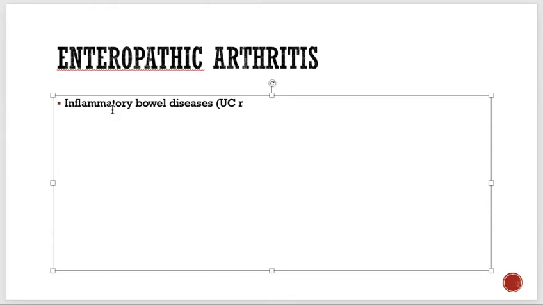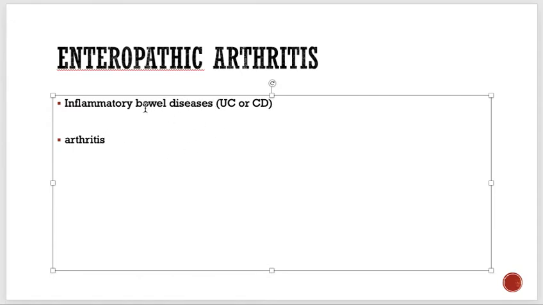These are the inflammatory bowel diseases. Many of these patients who have inflammatory bowel disease develop arthritis. Mostly their large joints are involved, and it is an asymmetrical type of arthritis. So we call this enteropathic arthritis. And this is the only thing.